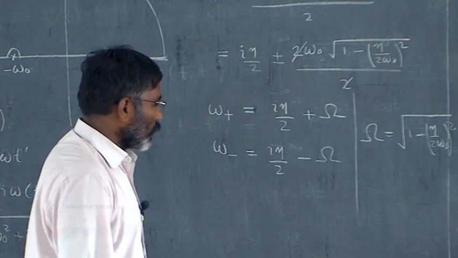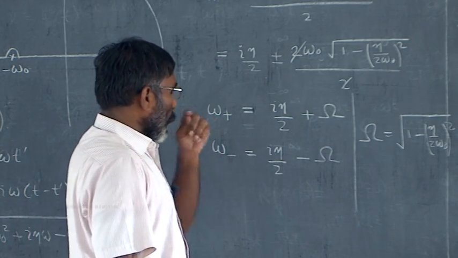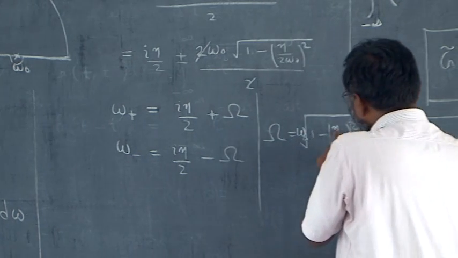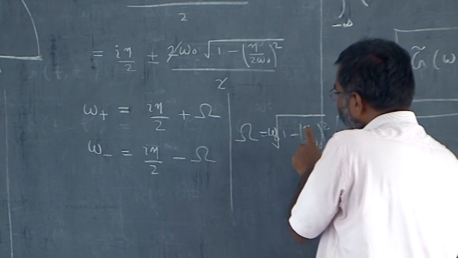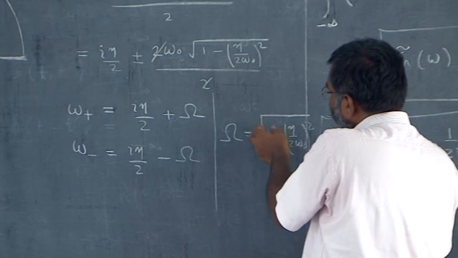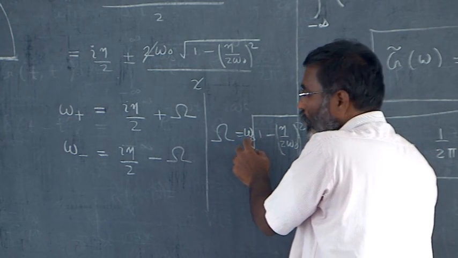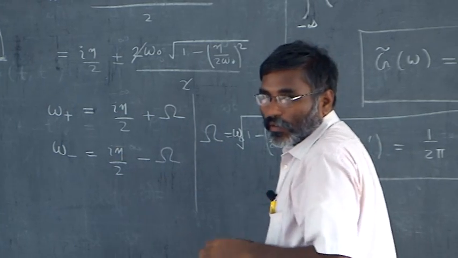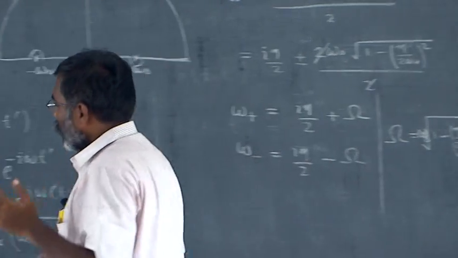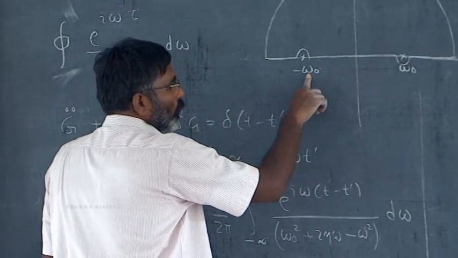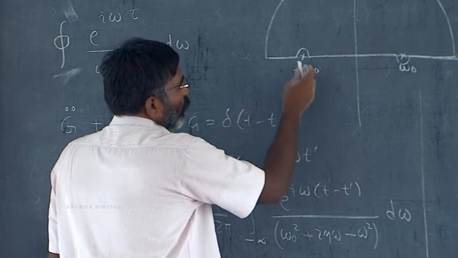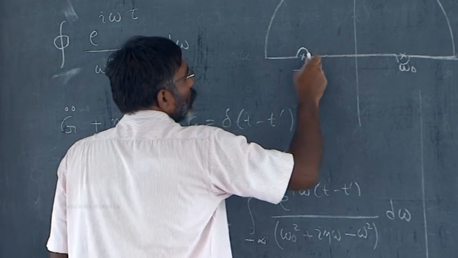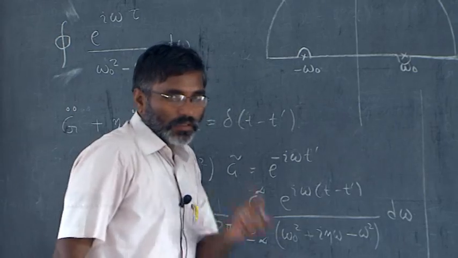Now you can see that if eta is equal to 0, then omega is omega naught. If eta is not 0, it will be slightly less than omega naught, but it will also pick up an imaginary part. So that means if you have eta equal to 0, it is minus omega naught, and before minus omega naught, it will pick up an imaginary part and then take a detour.